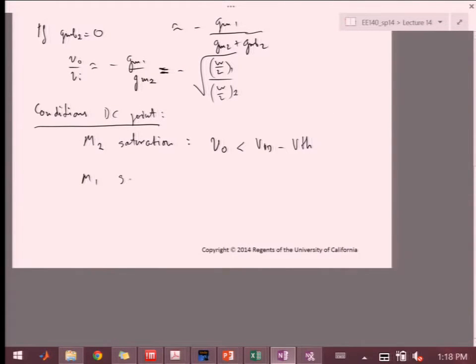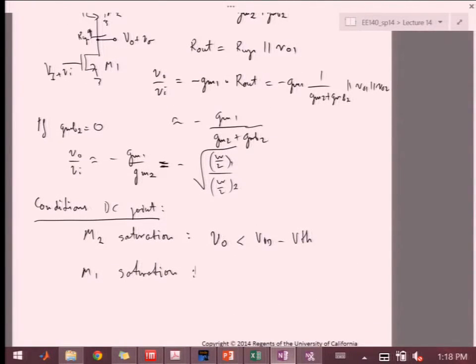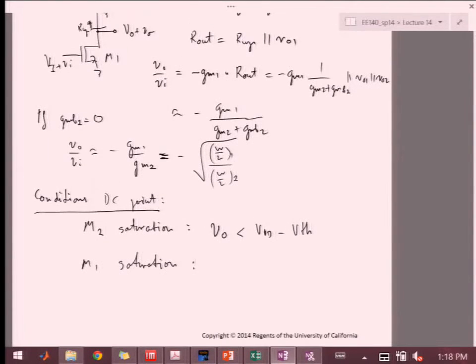So M1, we obviously want it in saturation because that's our amplifier. That's the device that has to provide gain. And for this device to be in saturation, what are the conditions? What does V in have to be?